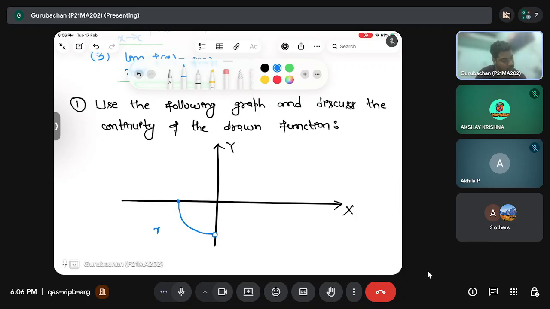this is your x square minus 1, and this is minus 1, this is also minus 1, and then there is a hole here, there is a graph till this point, or in fact we may draw till this point, and then it is coming back to this one.